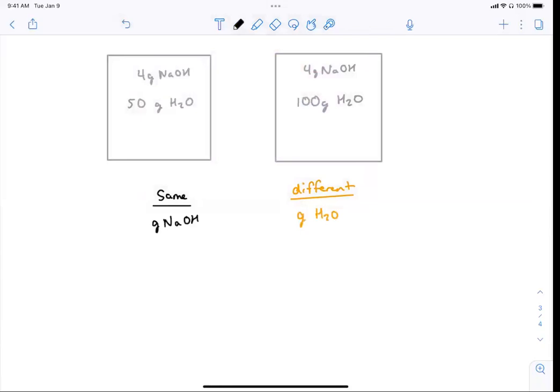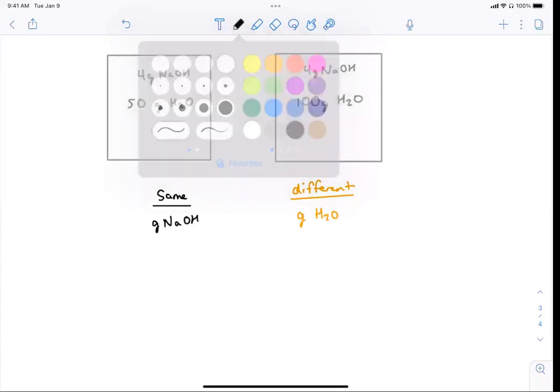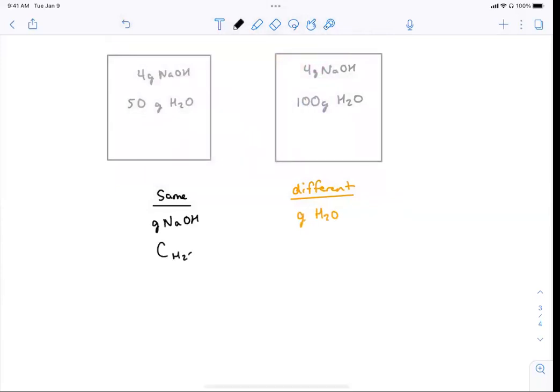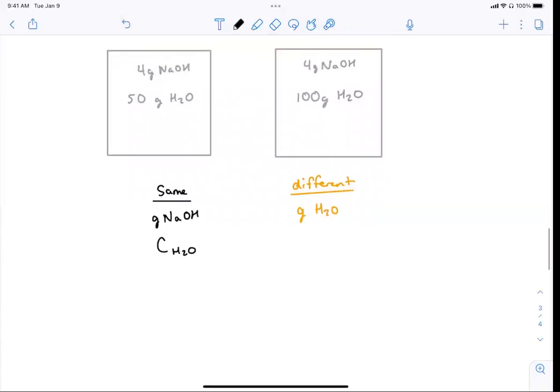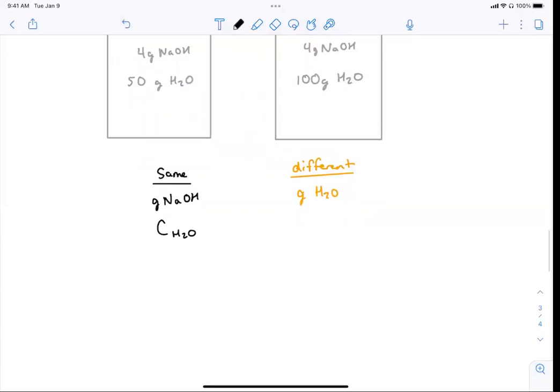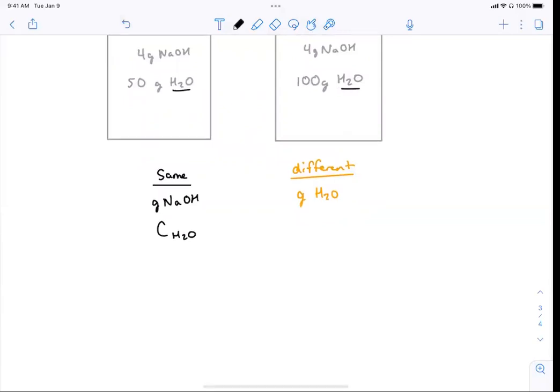What else, if you're doing this as calorimetry, is the same and what is different? Specific heat capacity is the same. Thank you, Grant. The specific heat capacity of the system is the same because they're both water. C is specific heat capacity from the Q equals MC delta T equation.